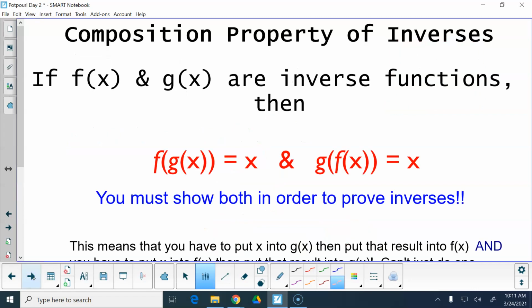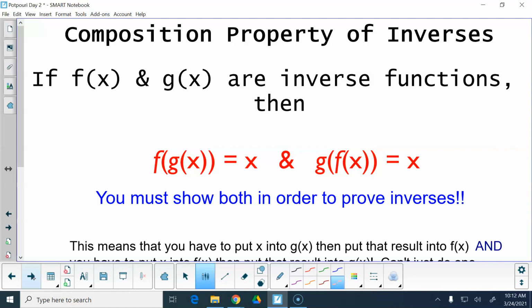The composition property of inverses is used to prove if two functions are truly inverses. So there might be a question on your final that says f of x is this, g of x is this. Verify that they are inverses.